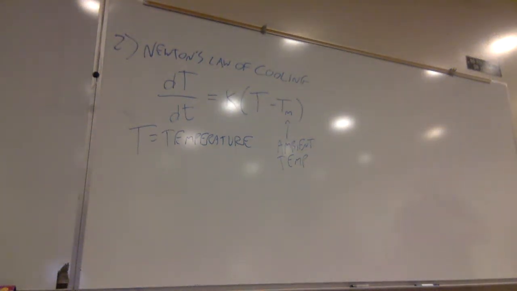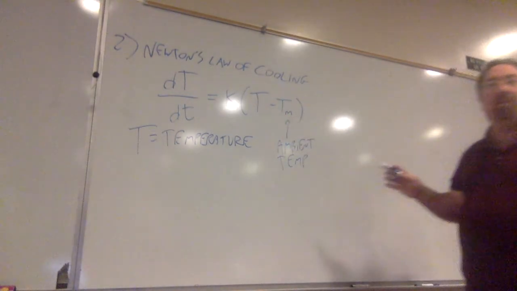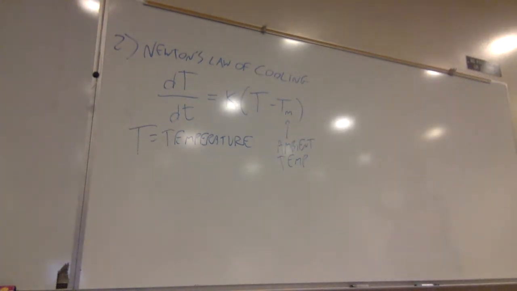So what will happen is, as time goes to infinity, if there's no additional heat source or cooling source to change the temperature, eventually the temperature throughout the environment will converge to whatever that ambient temperature is.